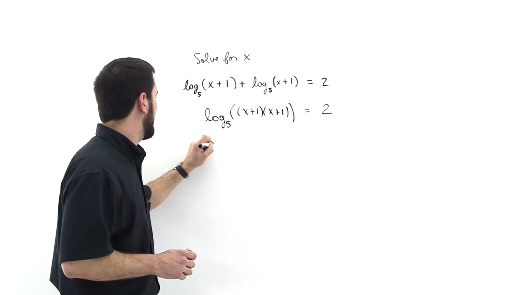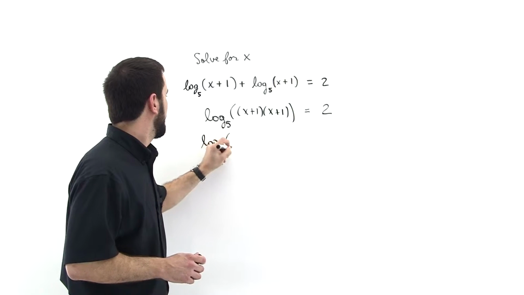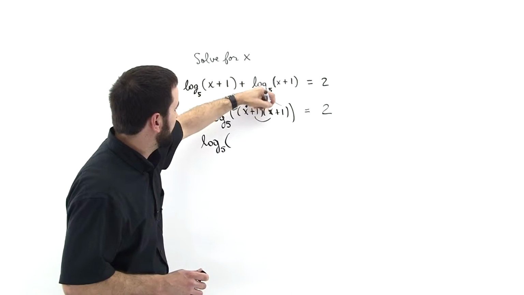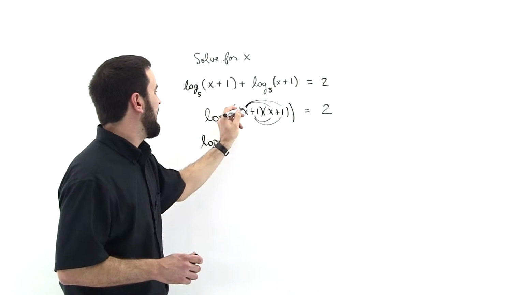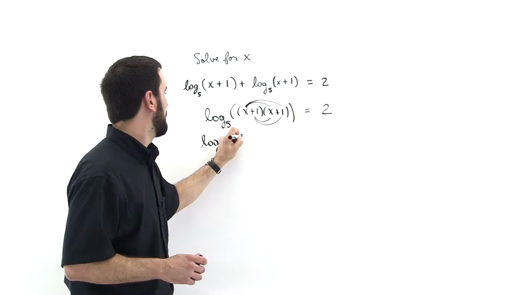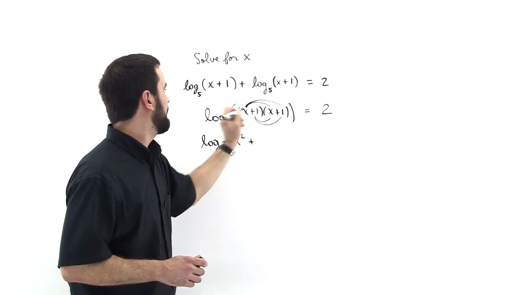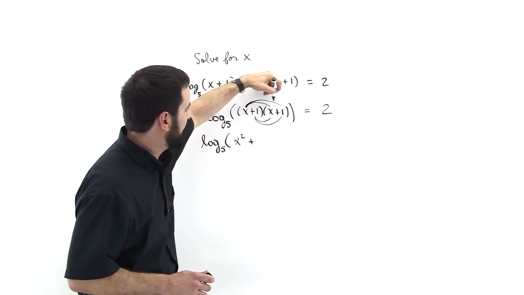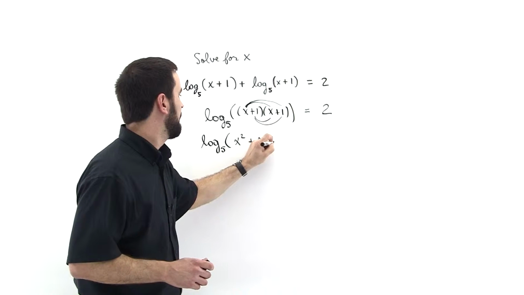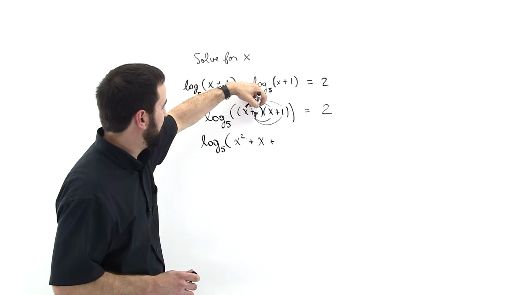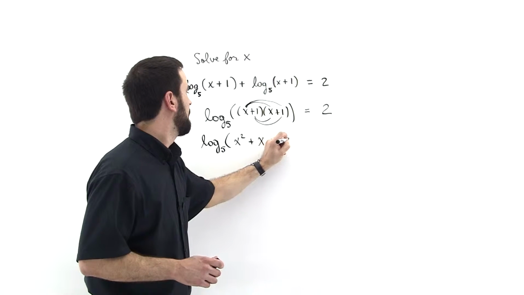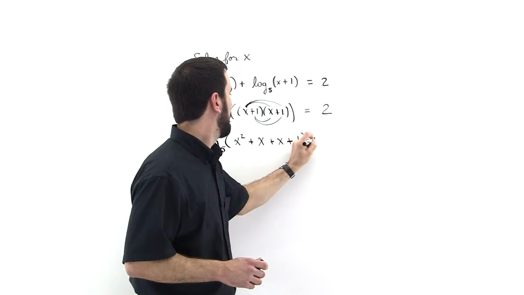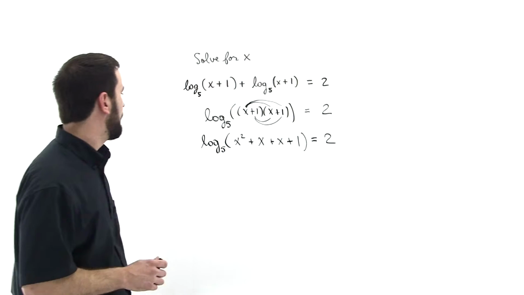So then this is log base 5. And then FOILing, this is this times this plus this times this, plus this times this plus this times this. So x times x is x squared, plus x times 1, so this is plus x, plus the bottom stuff. 1 times x is x, plus 1 times 1 is 1, equals 2.